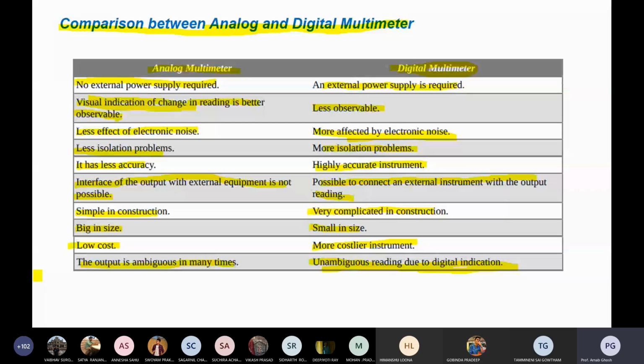But in a digital meter, the value is shown directly on the digital display with its unit, so anybody can see it and tell you the value. That's why the digital multimeter is more beneficial compared to your analog multimeter.